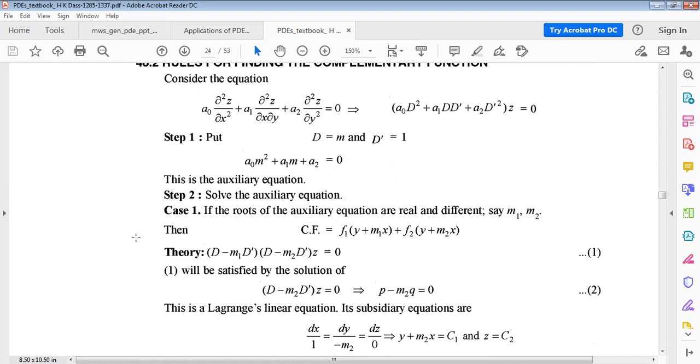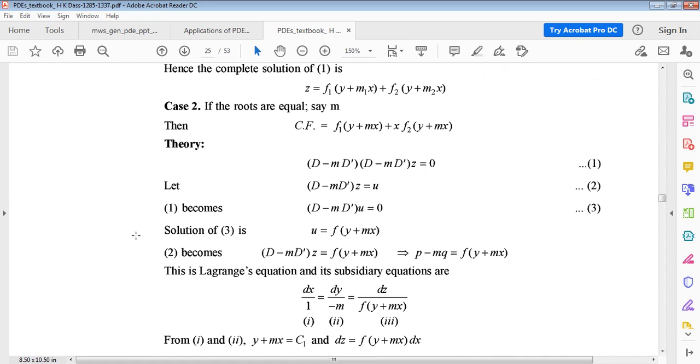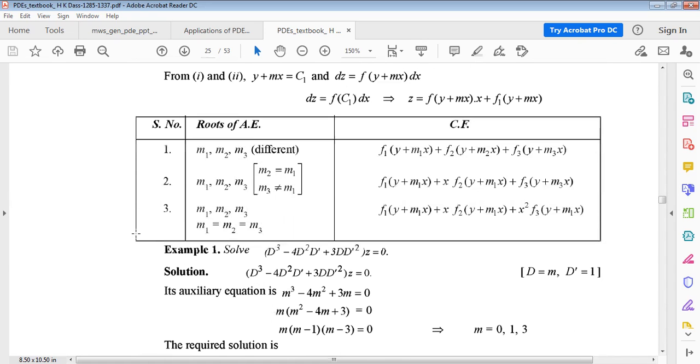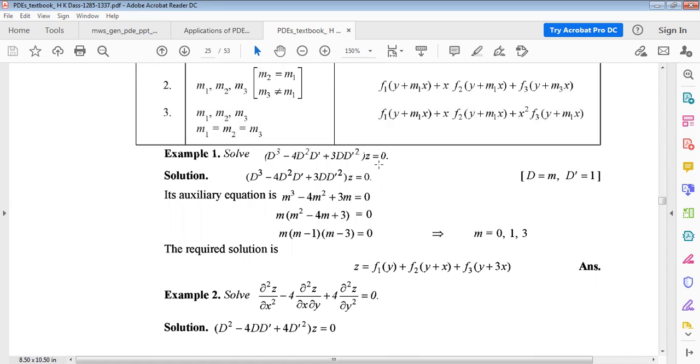Actually there are many rules for finding the solution. Suppose this is the partial differential equation: D cube minus 4D square D dash plus 3D D dash square, operating on z, equals 0.